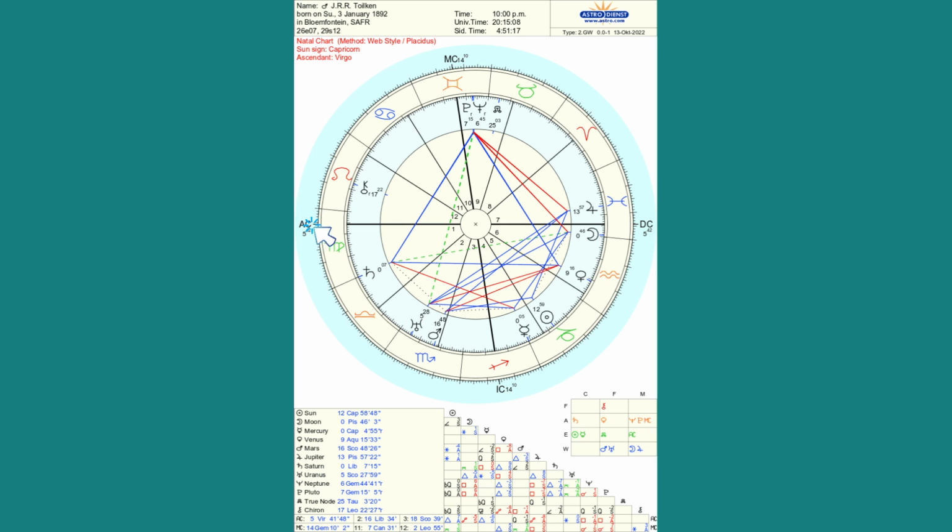The ascendant is primarily what you want to start with if you're new to chart reading. You want to look at your ascendant, your moon sign, and your sun sign. That's a good place to start.